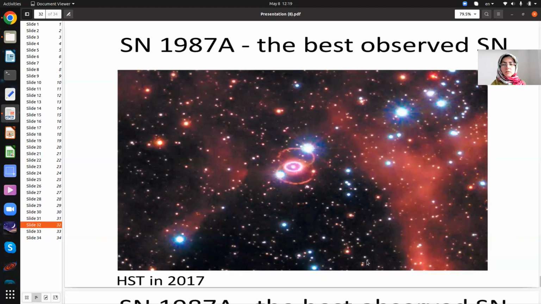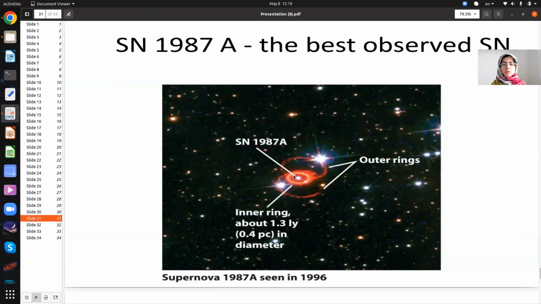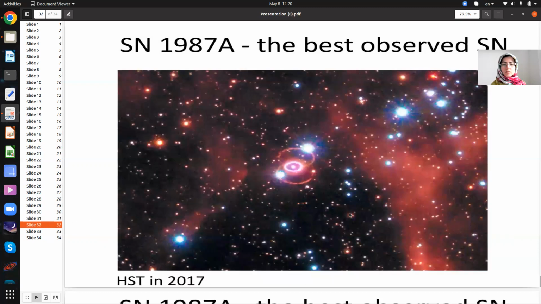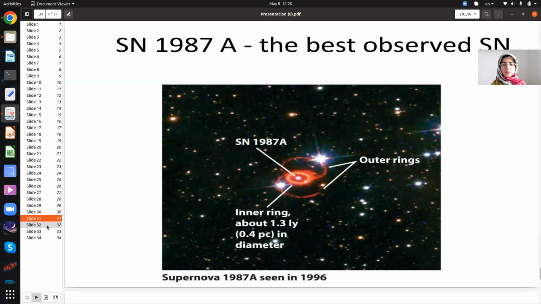Here in 2017, you see it is different. You see the inner ring in 1996 was not very bright, but here in 2017 the inner ring is so bright.